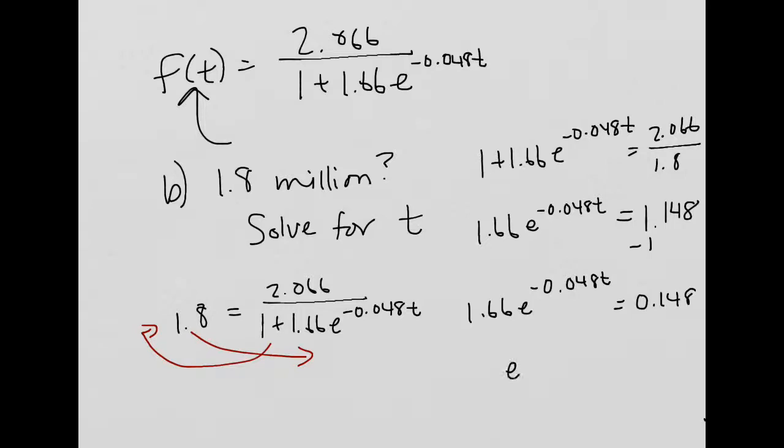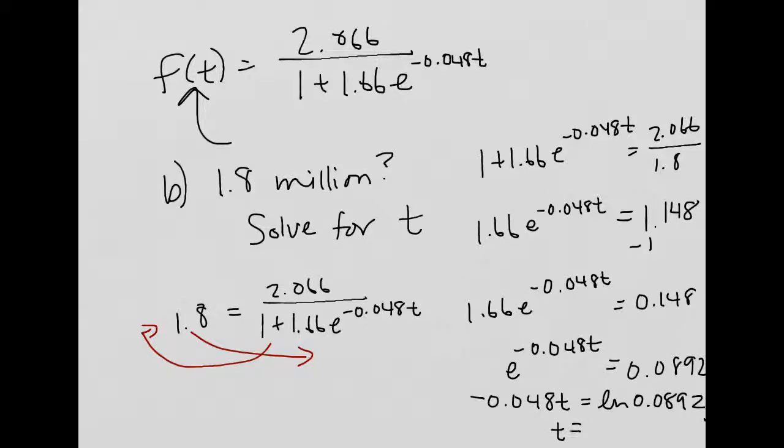Divide both sides by 1.66, which makes it 0.0892. Now ln both sides, because we're talking about exponential equations. I end up with negative 0.048 t equals ln 0.0892.